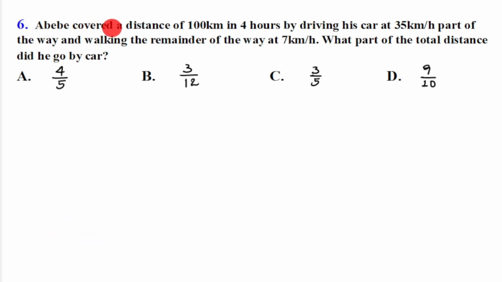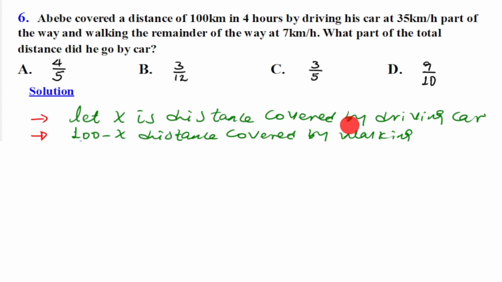6. Ababa covered a distance of 100 km in 4 hours by driving his car at 35 km per hour part of the way and walking the remainder of the way at 7 km per hour. What part of the total distance did he go by car? Let x be the distance covered by driving the car. The distance covered by walking is 100 minus x.